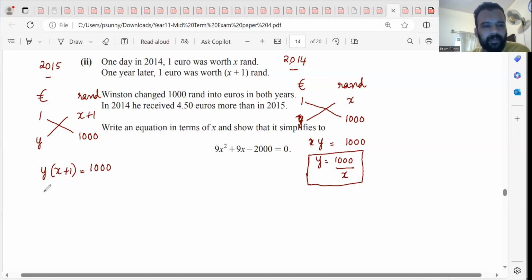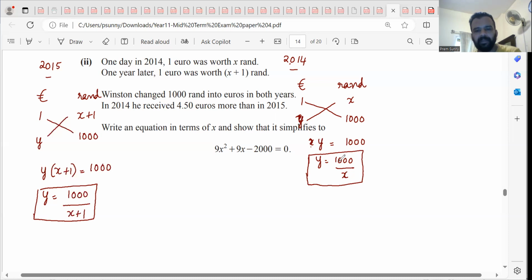So in 2015, we need to find out y. Multiplication of x plus 1 goes to the other side, it becomes division. 1000 divided by x plus 1. So in 2014, when he changed 1000 rand, he got 1000 by x, and in 2015, he got 1000 by x plus 1 euros.